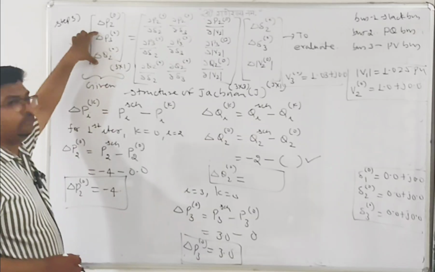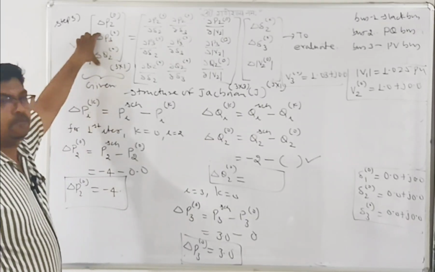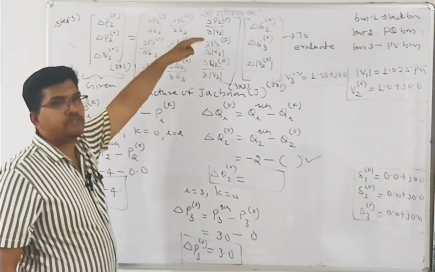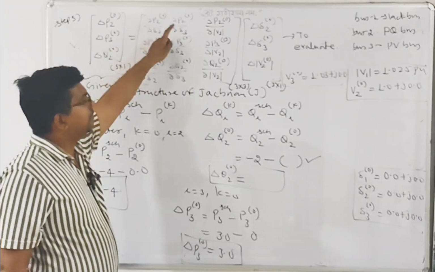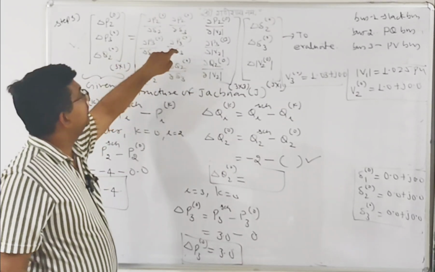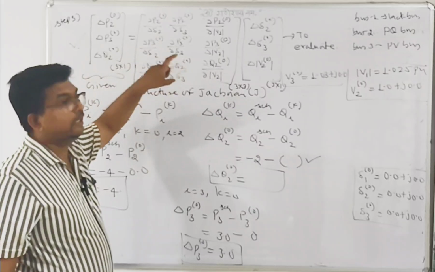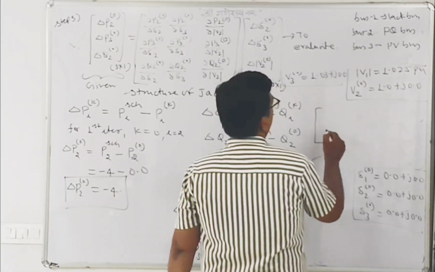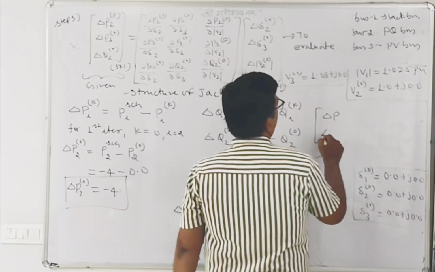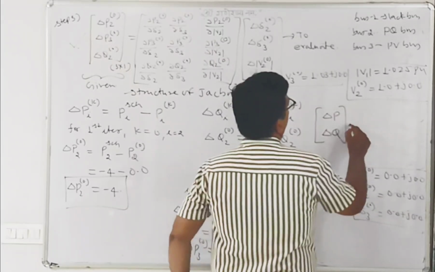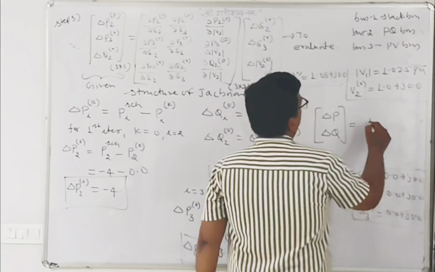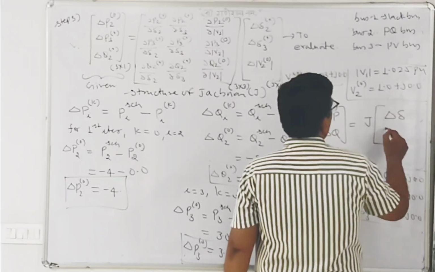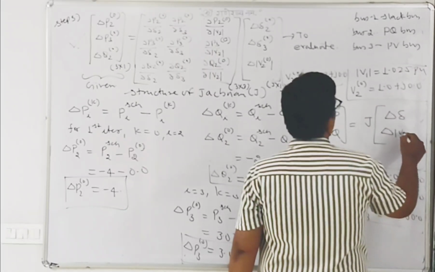Once we know these values, our next step is to determine the derivatives of the Jacobian. There are 9 derivatives, so we have to determine these 9 derivatives. In general, this Jacobian structure can be written in this form: delta P, delta Q equals J times delta delta and delta mod of V2.